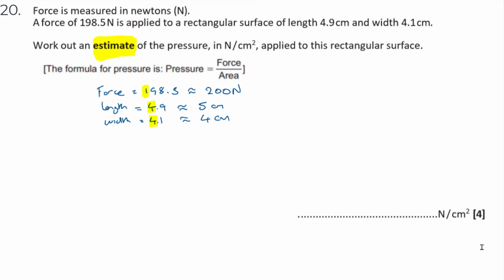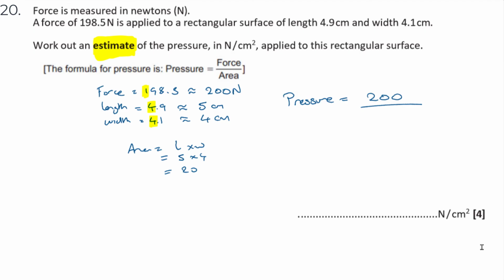So then pressure, the values I'm going to use in this formula then, isn't it? So pressure is force over area. Well, the force is easy enough. It's just 200. The area is pretty easy as well because it's a rectangle, isn't it? So area equals length times width, which is 5 times 4, which is 20.